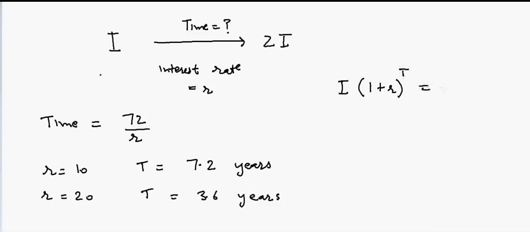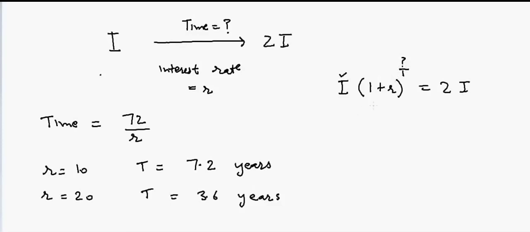So that should be equal to 2I. This is our initial investment, and then we have an interest rate every year, and this is compounded every year, so that will become 2I after a certain time. And we want to calculate what the time should be.